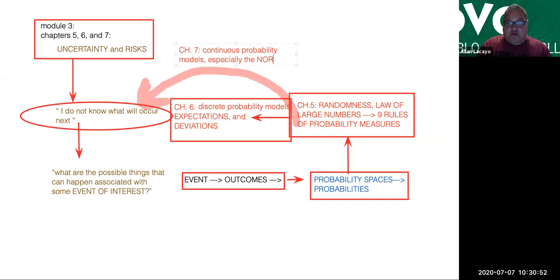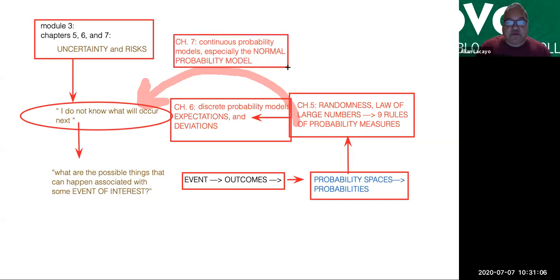It's called the normal probability model. It also has a more popular term. It's also known as the bell curve. The bell curve is really important in our study of modules 4 and 5, as you will see then. And so from chapter 5 and 6, we proceed to chapter 7 to continue understanding uncertainty and risks.